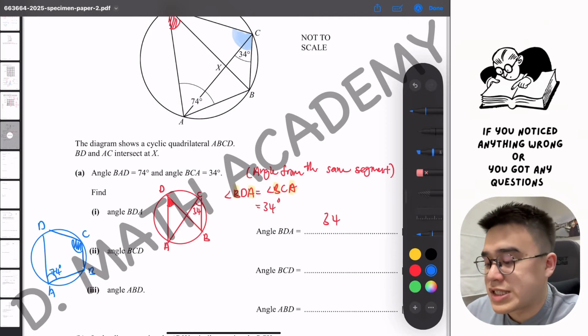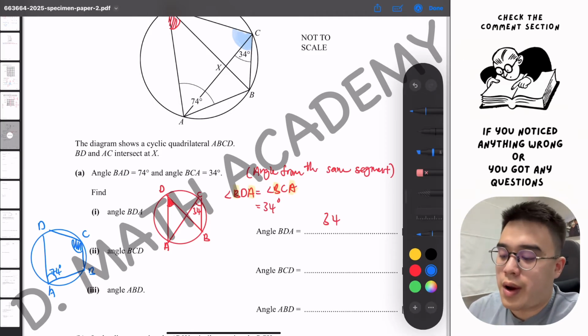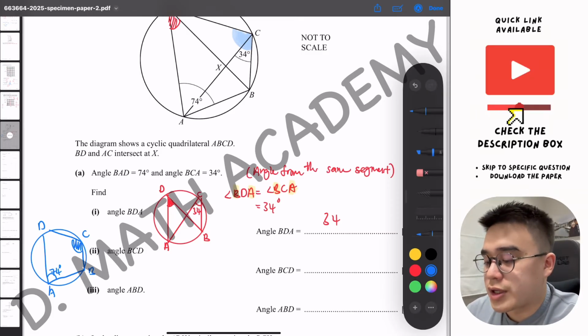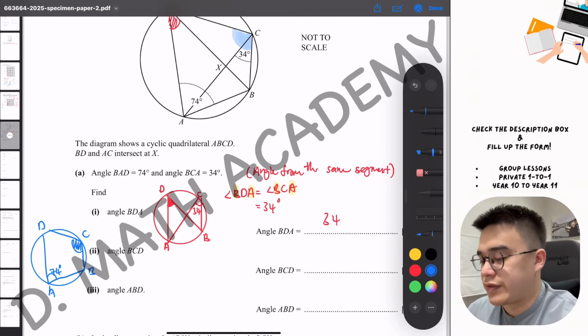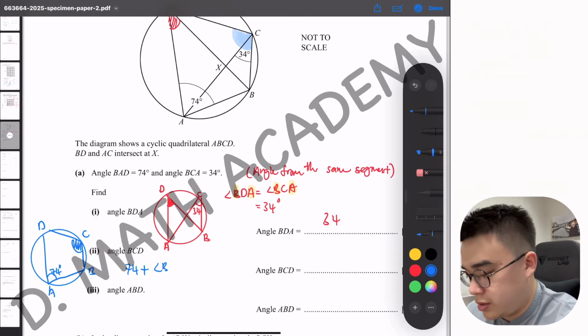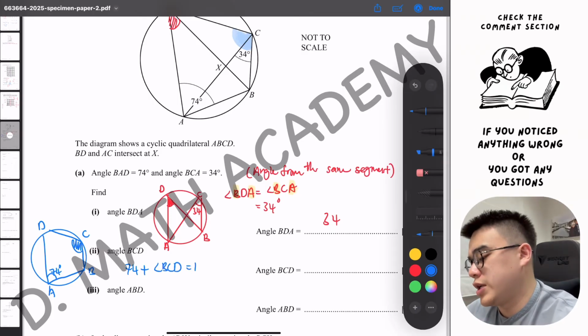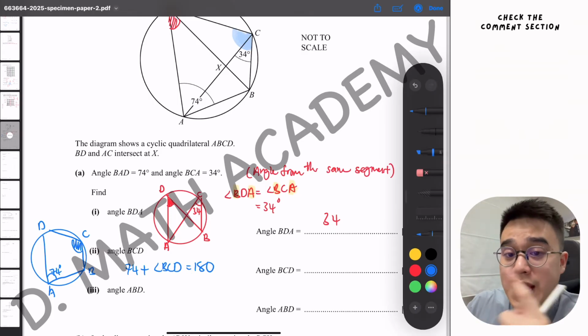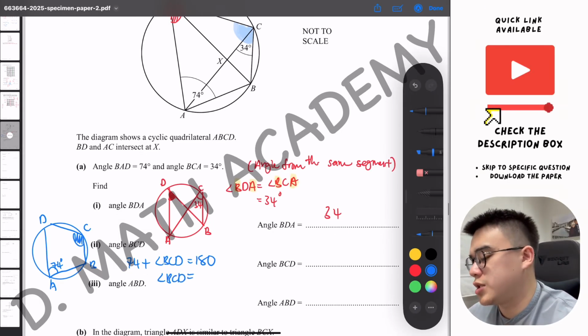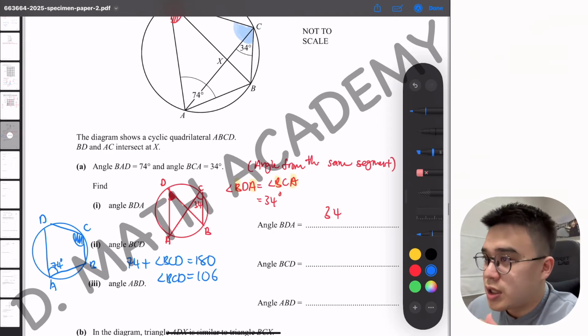This is what we call a cyclic quadrilateral, where inside a circle there is a quadrilateral that touches all four sides of the circumference of the circle. So 74 plus the angle is 180. Opposite angles add up to 180, making your answer 106.